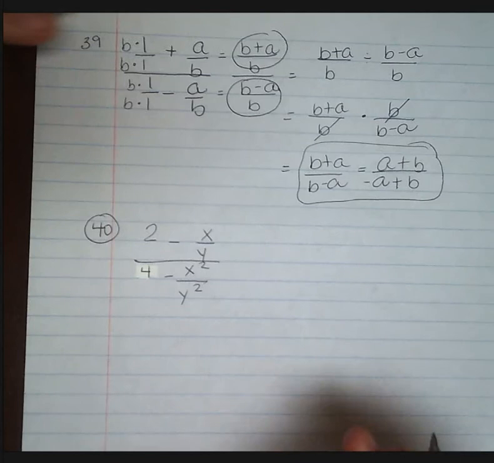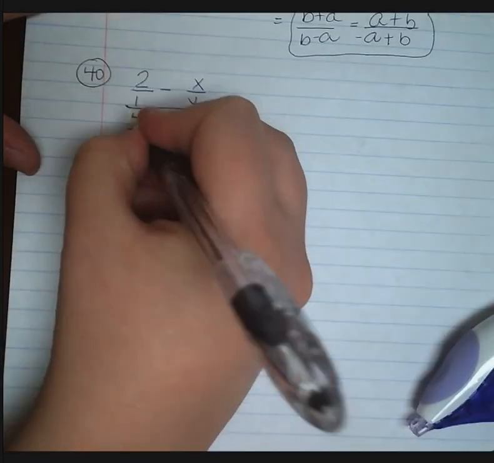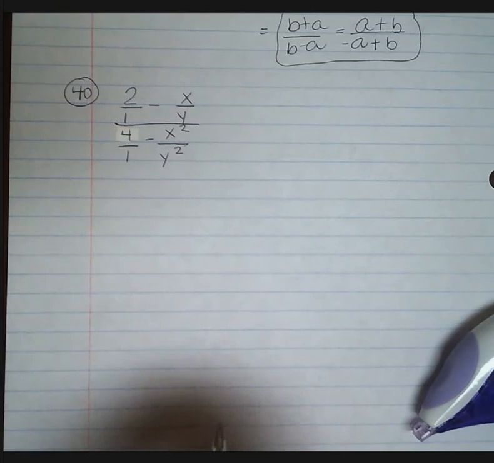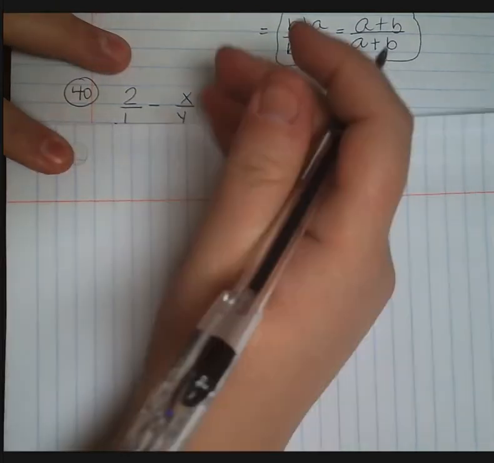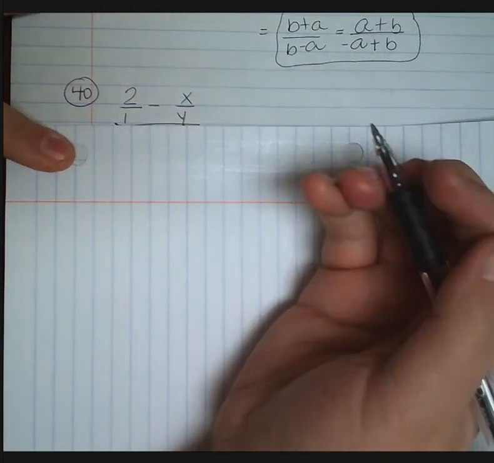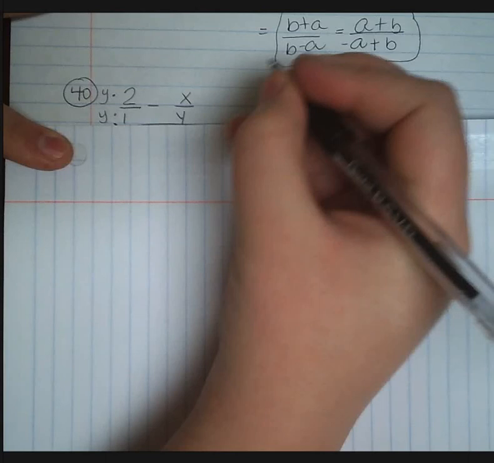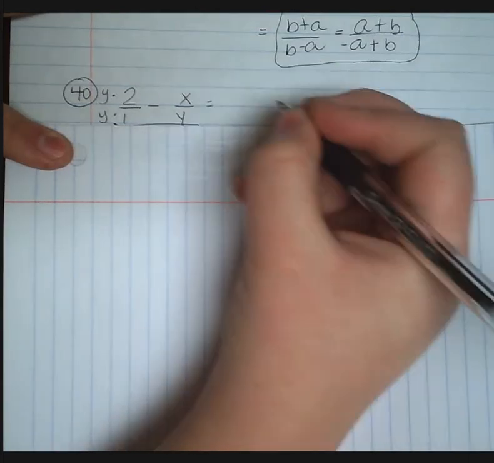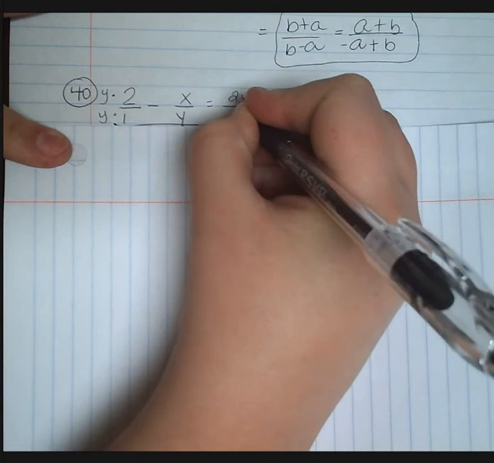First thing I'm going to do is put these whole numbers over 1. And remember, it's always easier if you just cover up that bottom fraction. My common denominator here is going to be y. So I'm left with 2y minus x over y.